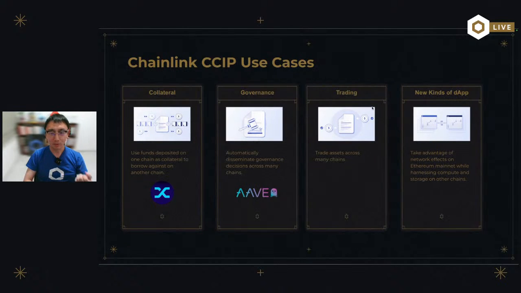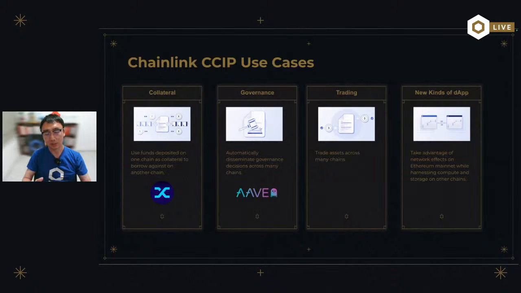The third one is cross-chain trading. Everyone knows that. And the last one is new kinds of dApps. By new kinds of dApps, I mean you can use CCIP to connect different DeFi or non-DeFi projects across multiple blockchains. Maybe you can stake your asset on blockchain A and get some yield on blockchain B, and make a trade on blockchain B and get another asset on blockchain C. You can consider the different dApps on different blockchains as Legos, and you can put these Legos together to create your own dApp.